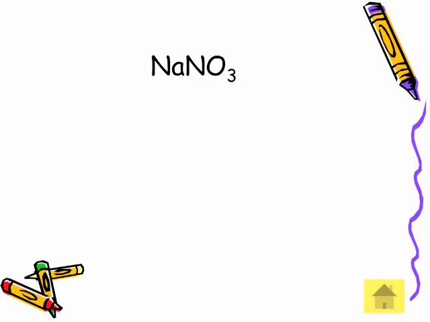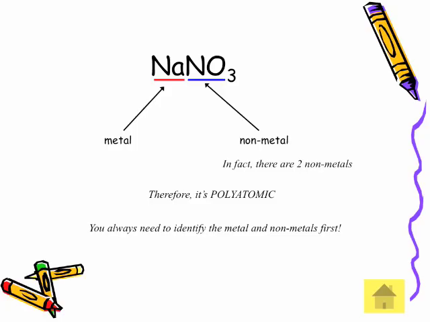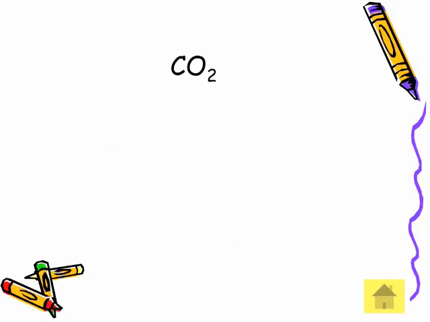Let's look at the next one, NaNO3. Identify again, metal, non-metal. Na is a metal, NO3 is a non-metal, and if we notice, this non-metal is nitrate. So the metal with a polyatomic ion represents a polyatomic compound. Next example, CO2.